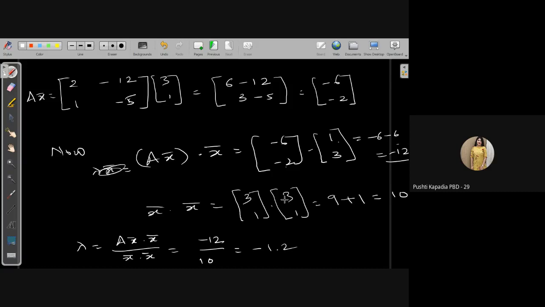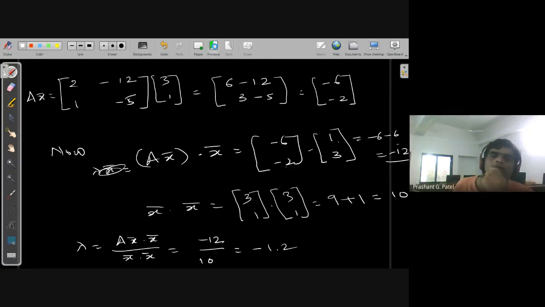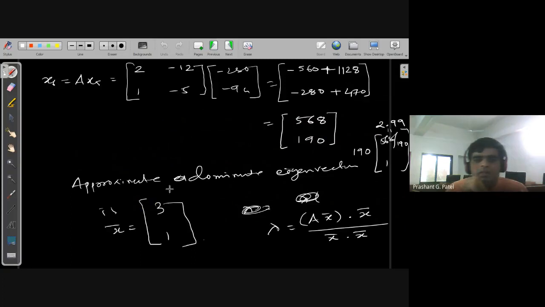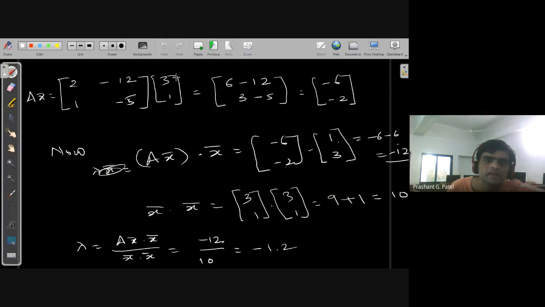Wait, we have to use not this 3 into 1. We have to use this value because that is our x, which is 568, 190, instead of 3, 1. We should use that here.